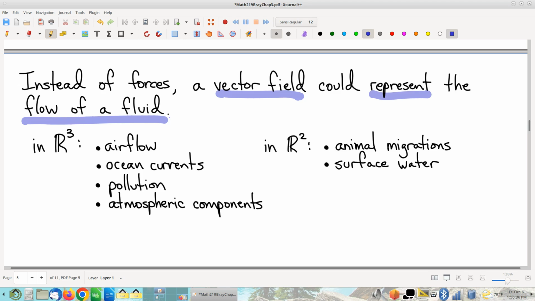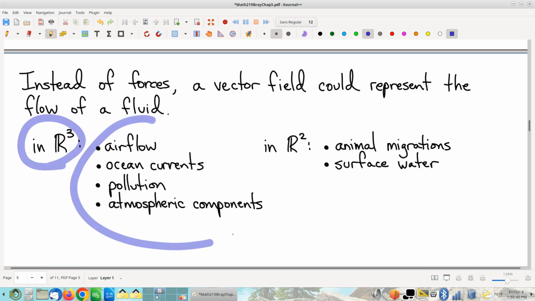Now, some real-world examples of fluids flowing in 3 dimensions. Here's a couple of quick ones. For example, how the air is flowing in this room. The air in this room is not stationary. The AC is blowing air out of one of those things in the ceiling, and air is being pulled into one of the other things there.